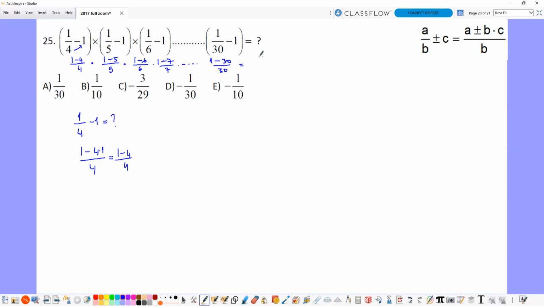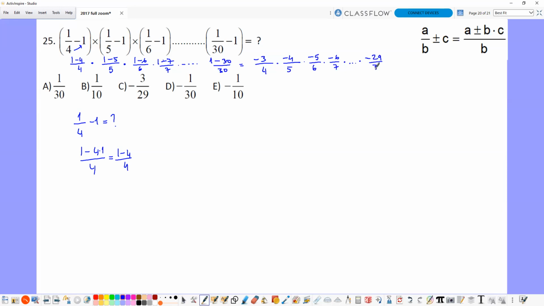So it is minus 3 divided by 4 times minus 4 divided by 5, times minus 5 divided by 6, times minus 6 divided by 7. It follows like that, and at the end it is minus 29 divided by 30.